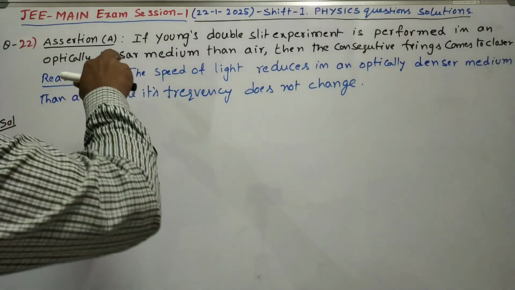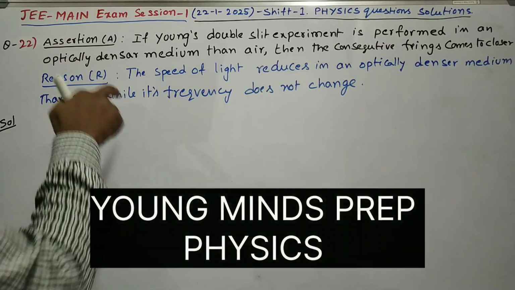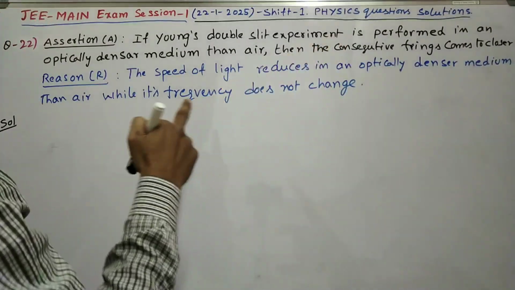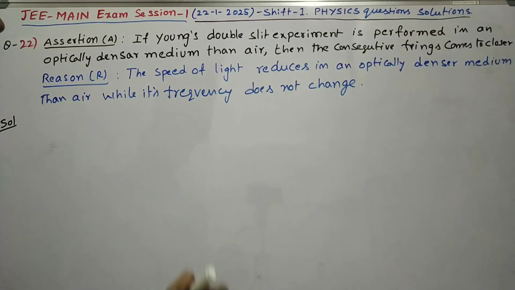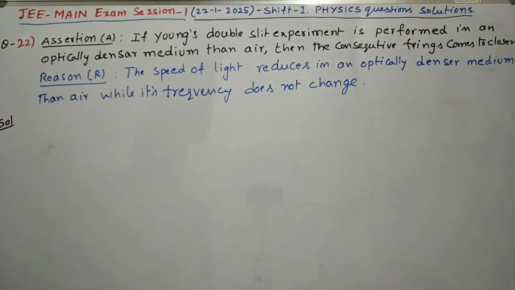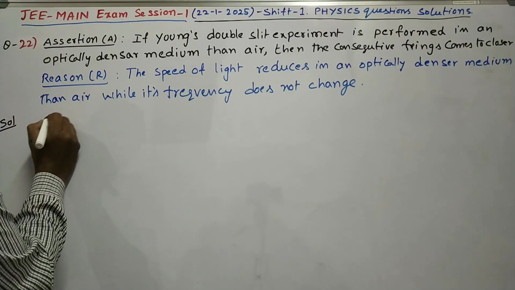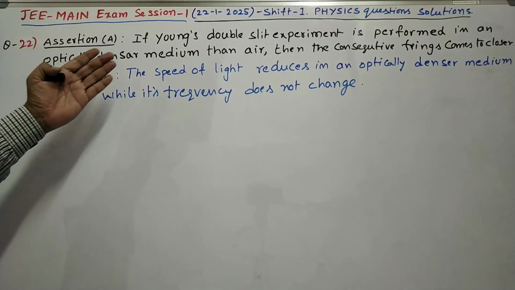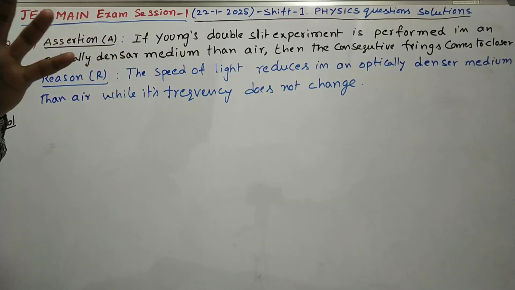22nd question, an assertion-reason question. The assertion is given. If Young's double slit experiment is performed in an optically denser medium than air, then the consecutive fringes come closer.